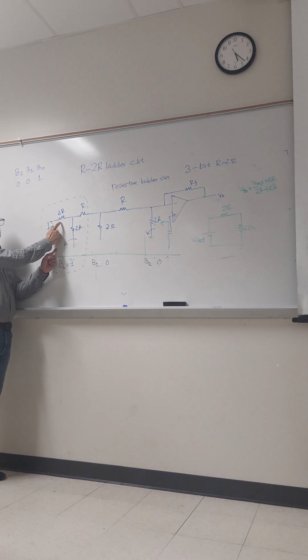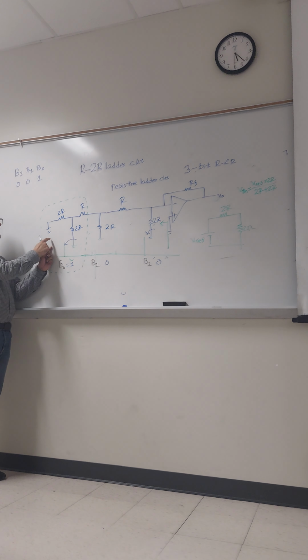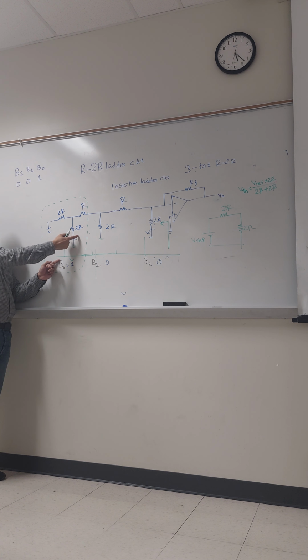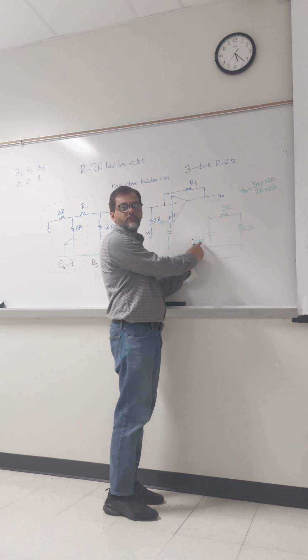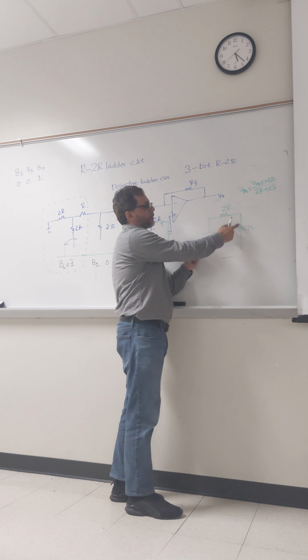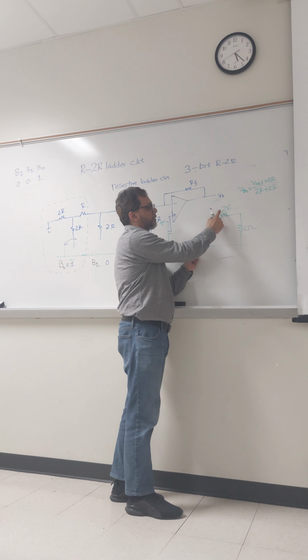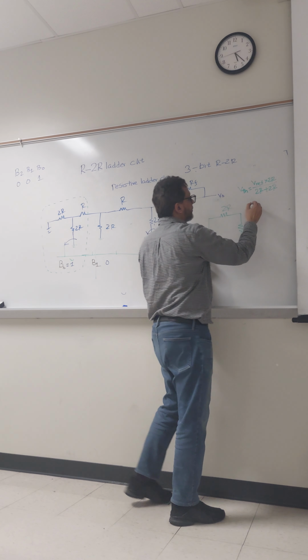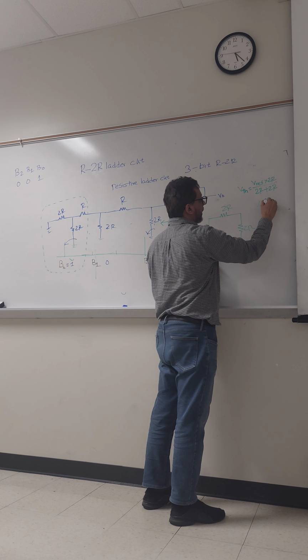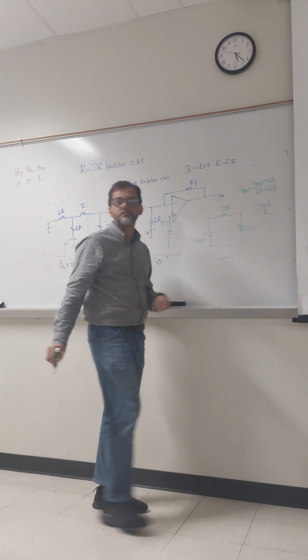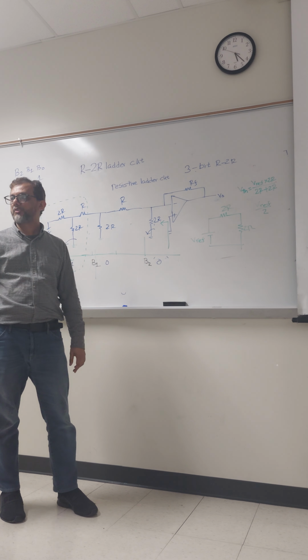The voltage divides because the two resistors are connected in series. Input voltage, which is my V reference, multiplied with this resistance divided by the total resistance. So it will give you V reference by 2, right? V reference by 2.